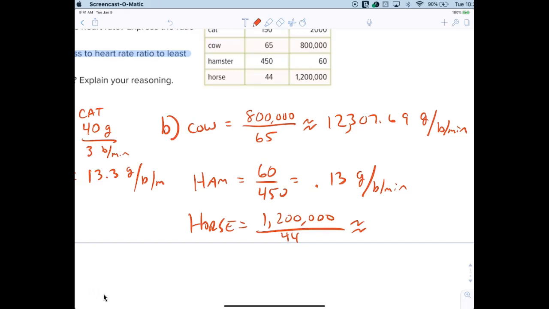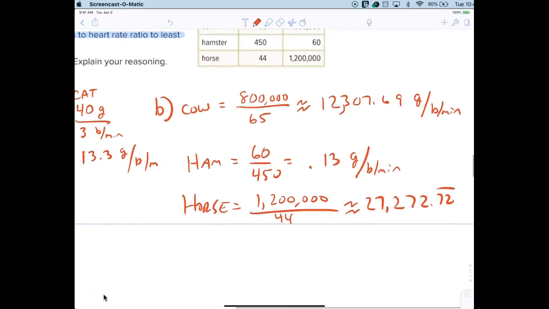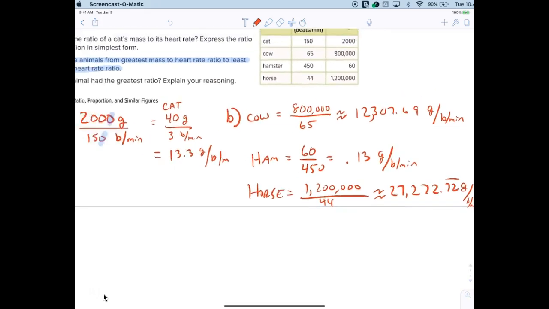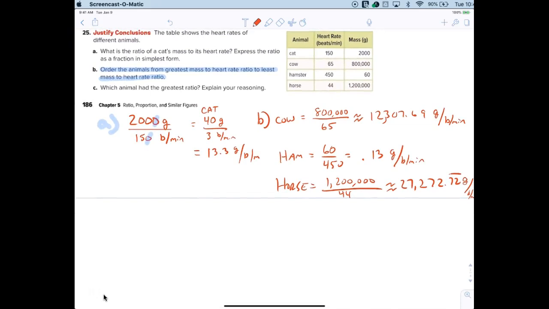I'll come back in a minute and check everything you've done. And that is also beats per minute. You with me? Yes. Yeah, that's it. Or you could just divide it. Literally, either way. To me it would have been easier to just divide.